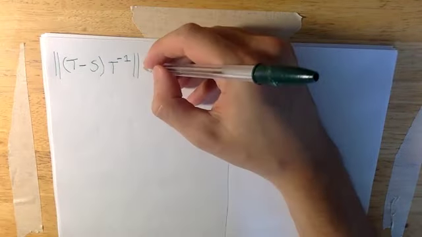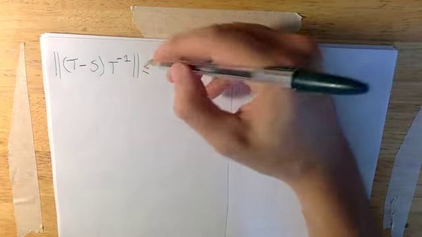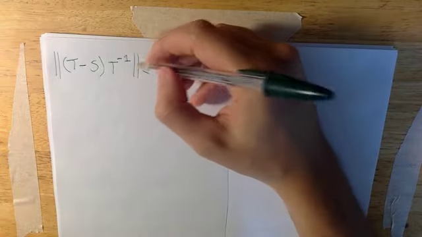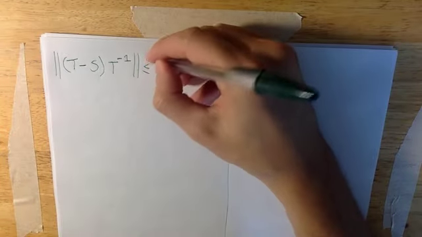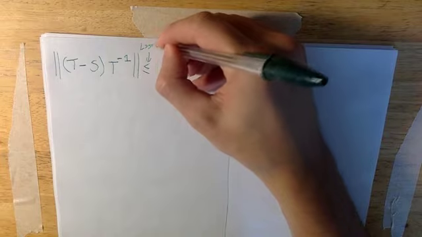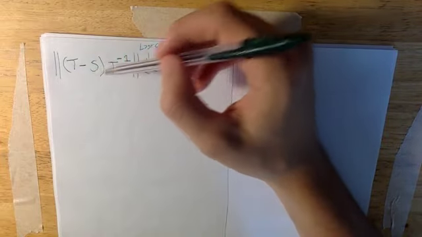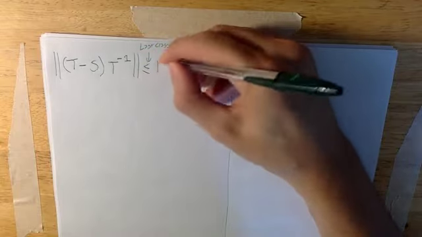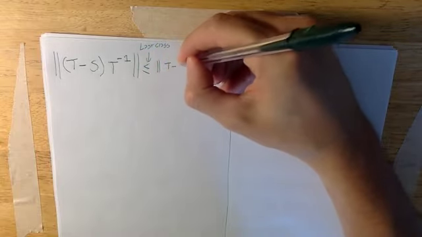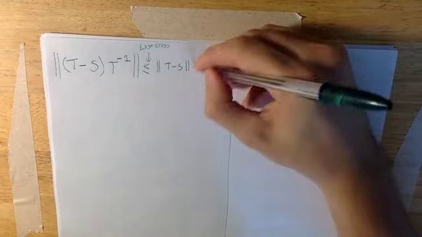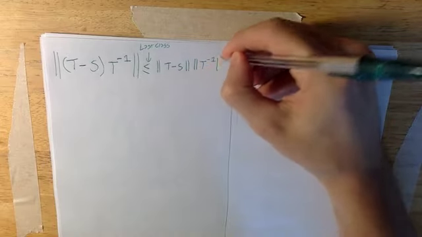How do we show this? By what we proved last class, the norm of a composition is less or equal than the product of the norms: the norm of T minus S times the norm of T inverse.